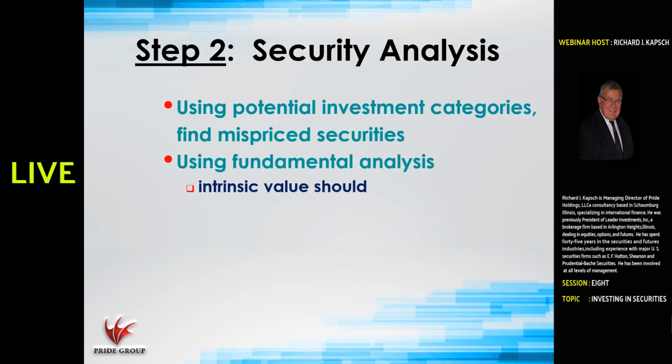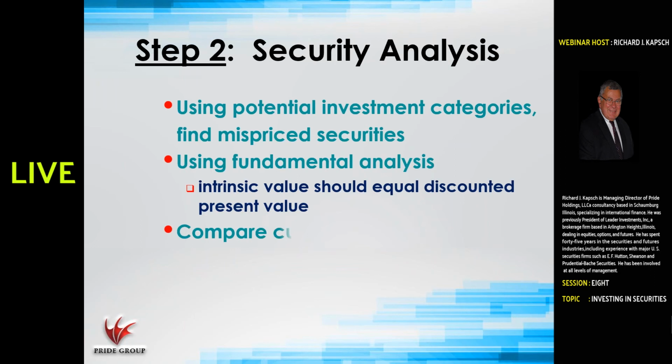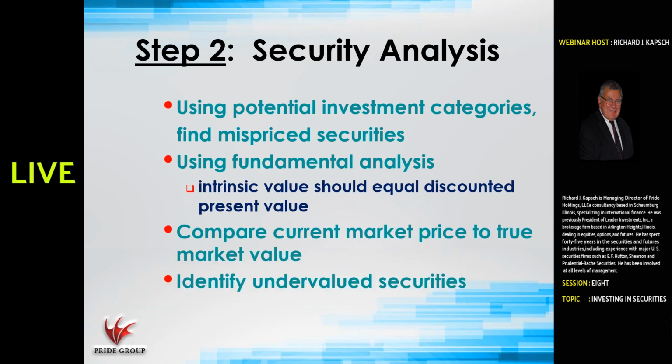The second step in the investment process is what we call security analysis. And this is really a form of fundamental analysis. We talked about forecasting prices back then. But now, instead of looking at macroeconomic factors, we're really looking at the specific factors that affect the operation of any particular company we're interested in investing in.